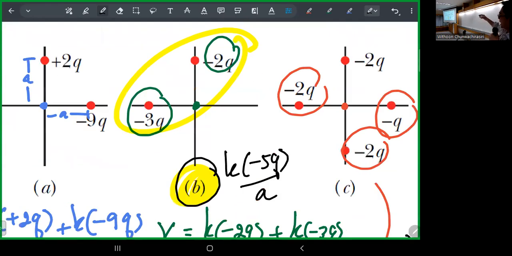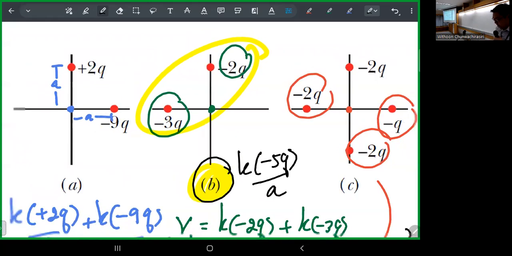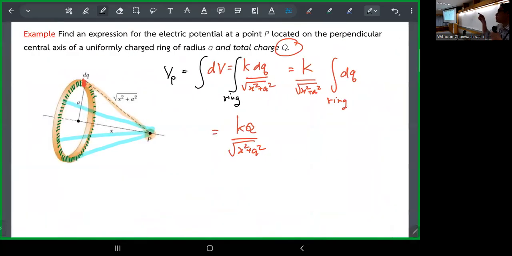We said, okay, I would like to calculate the potential at the origin, but those charges are located at the same distance from point P. So you just sum all the charges and multiply by k over distance. You have k over distance as your common factor, you pull that out, and you sum just the amount of charge.